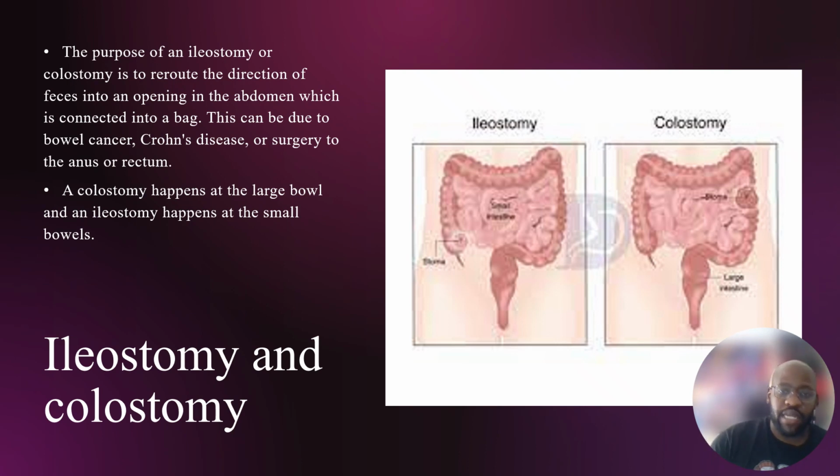This is connected directly into the small intestines to help with defecation. I was thinking digestion, but it's defecation. And the colostomy is actually connected into the large bowels. This is important because if a person can't get rid of their excrements, this can lead to sepsis.